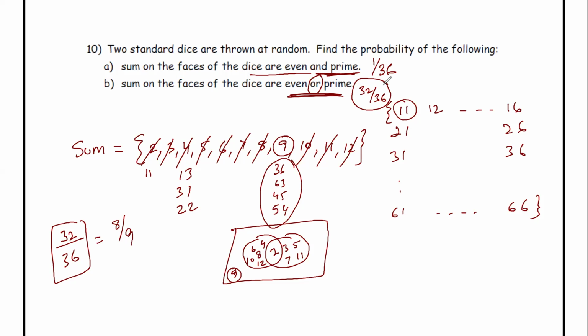Not even and prime, in the Venn language, the intersection, does not mean A union B. And similarly, not A union B does not mean A intersection. Remember these things. Anyway, moving on.